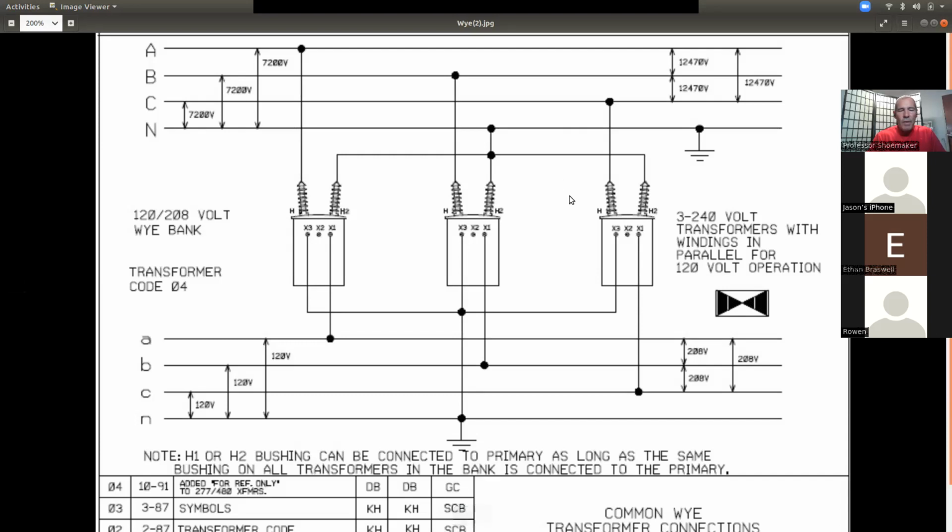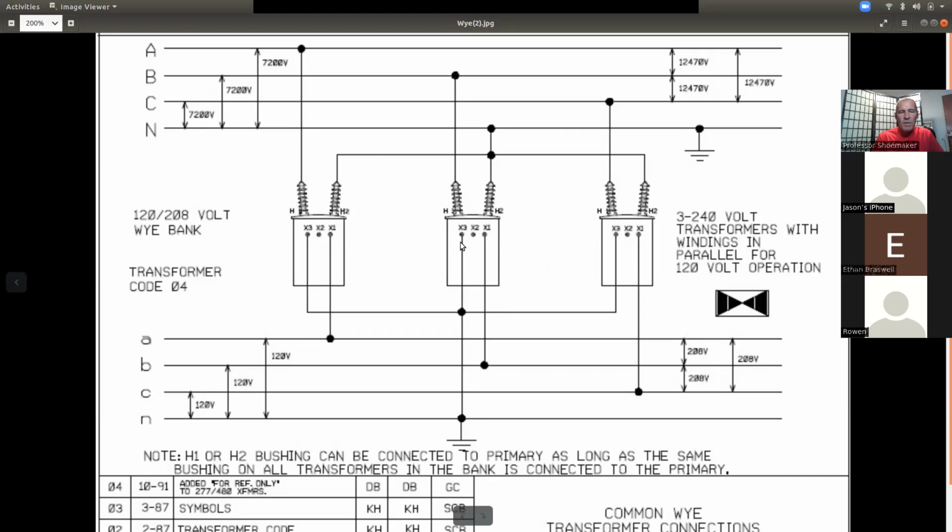All right, as far as wiring secondary, this is very simplistic. I know it kind of looks strange in the drawing. You can choose either X3 or X1. For the drawing here, they've used X3 as all going to neutral. So I've got X3 going to X3 going to X3. All 3 of those connections go to neutral.